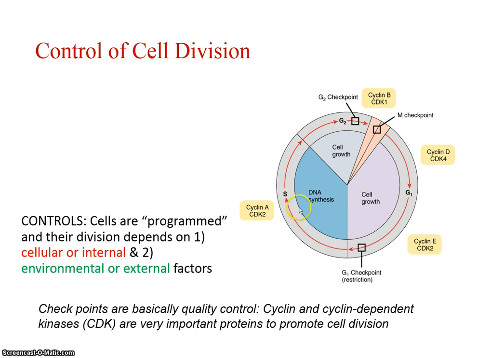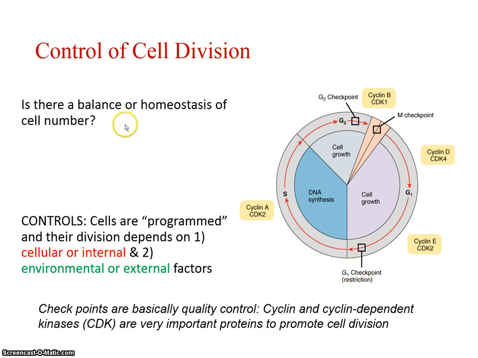All right, so here, and this I'm not going to test you on, but I think it's something to consider. I mentioned there are these internal checks and external checks. And there are specific places during that entire cell cycle in which the cell literally is not sentient, it's not stopping itself to think, but there's a pause in the process, and to move on there have to be certain chemical factors available, and we call those checkpoints.